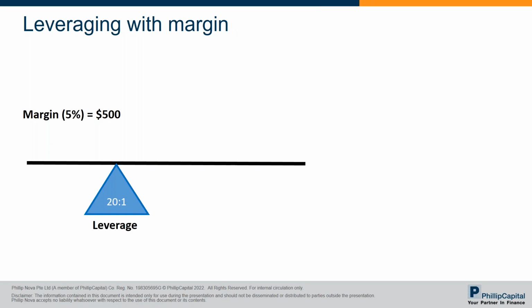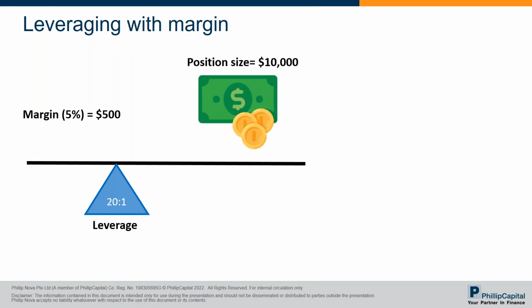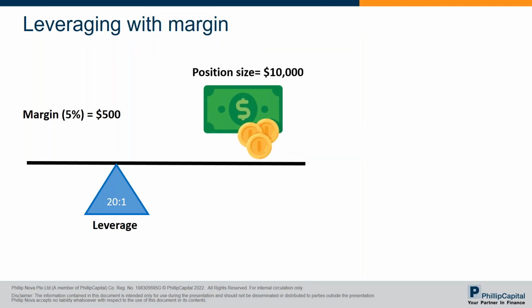Speaking of leveraging with margin, essentially it allows you to magnify your initial margin of 5%. Let's say you have $500. You are able to leverage it 20 times to open a contract size as huge as $10,000.